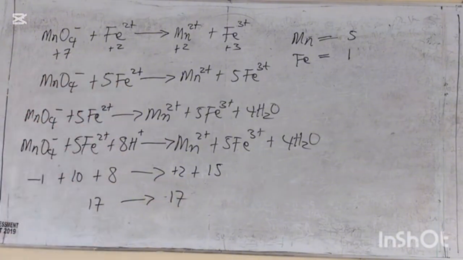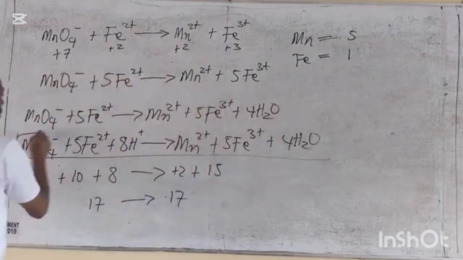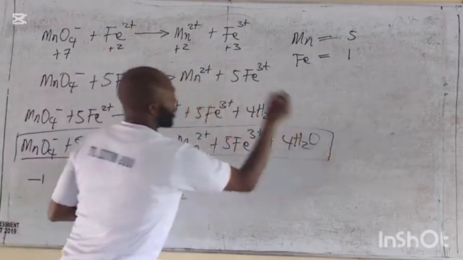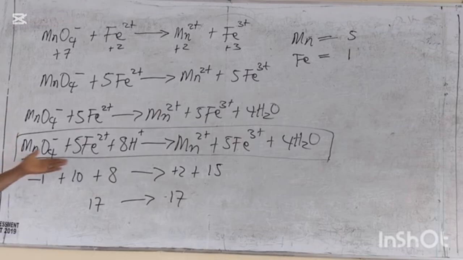So this becomes our equation, which we can use in the redox reaction. In case we are dealing with titration, we have to know the number of moles of the oxidizing agent and the reducing agent. The oxidizing agent now becomes 1.